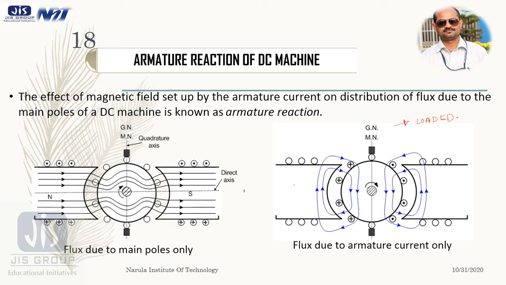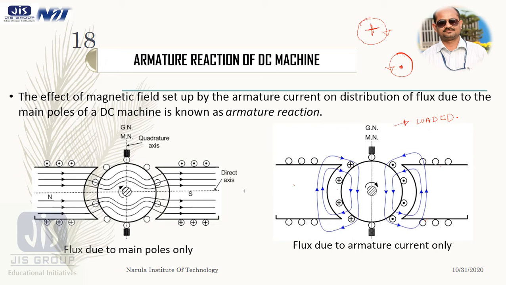Now this armature current sets up its own field. So for cross current this is my field, and for dot current this is my field.